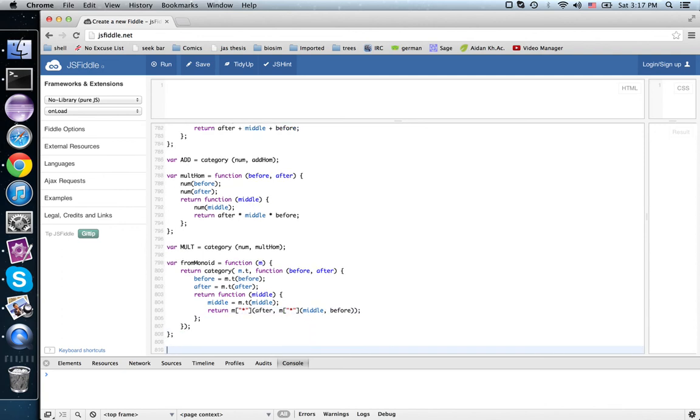So we see that not only do we get categories from structures like groups or monoids or fields or rings or sets or vector spaces and the structure preserving maps between them, but we can also see that some structures themselves are categories themselves.